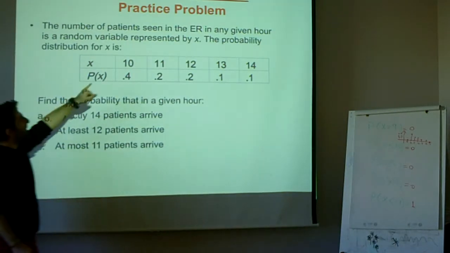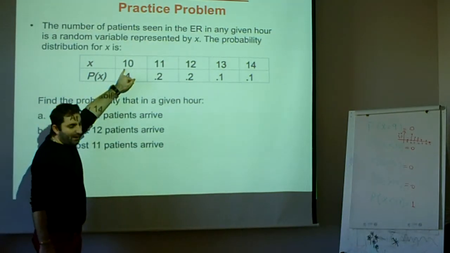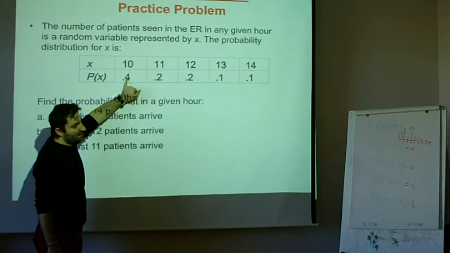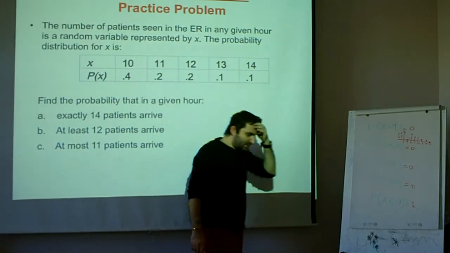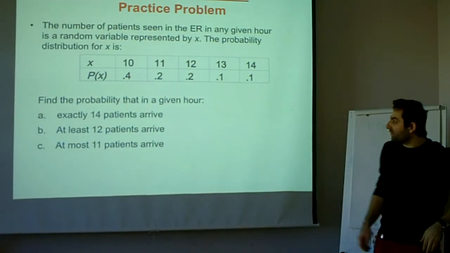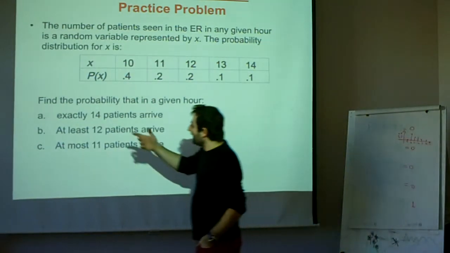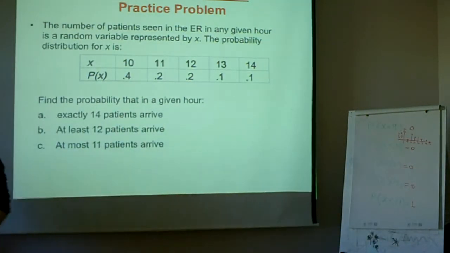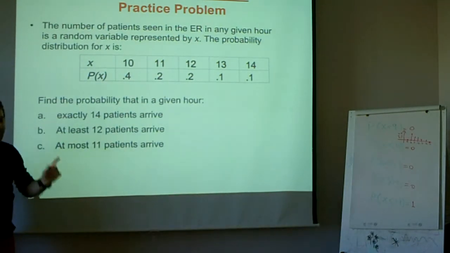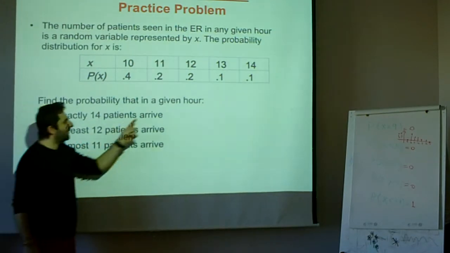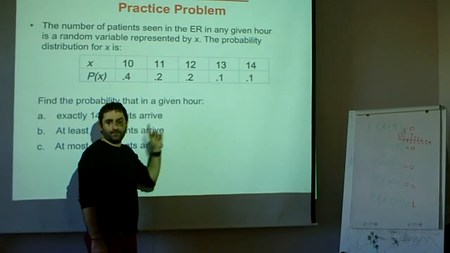If 10 patients want to visit, the probability is 0.4. If 12 patients are visiting, it's 0.2. If 14 patients are visiting, it's 0.1. So what is the probability that 14 patients will be coming to the hospital and visited by a doctor? 0.1. This is an exact value. You look at the probability of x is equal to 14.